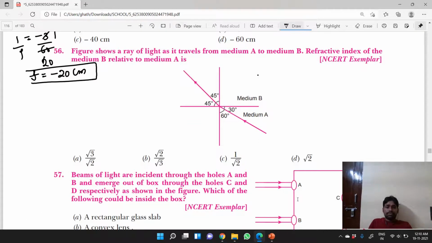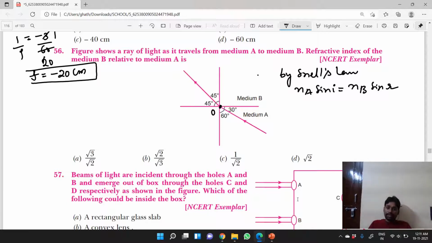Question number 55. What are they asking? The figure shows a ray of light traveling from medium A to medium B. Find the refractive index of B relative to A. For this, apply Snell's law at O. Snell's law states that the ratio of the sine of the angle of incidence to the sine of the angle of refraction is a constant, or NA sine of angle of incidence equals NB sine of angle of refraction.